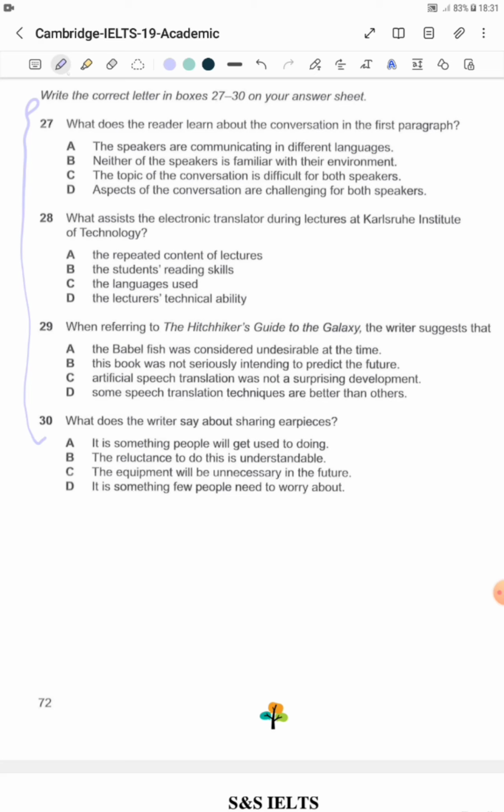And I have told you, selecting suitable keywords will significantly enhance your speed. Now, we're gonna find the keywords. What I want you to do is to check and examine all the options together, to find the keywords all together.